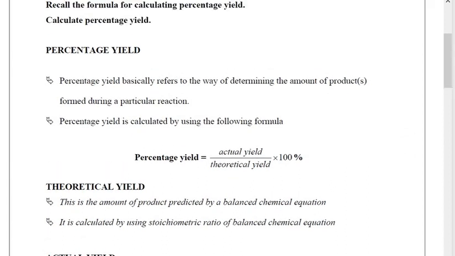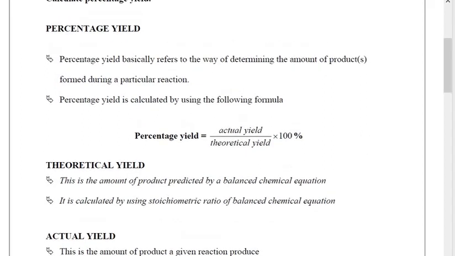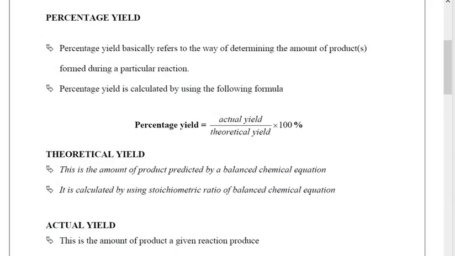But what I want you to understand is, if you have two reactants, say reactant A has a mass of 50 grams and reactant B has a mass of 40 grams, if you add them together, you would expect your resultant product AB to have a mass of 90 grams.